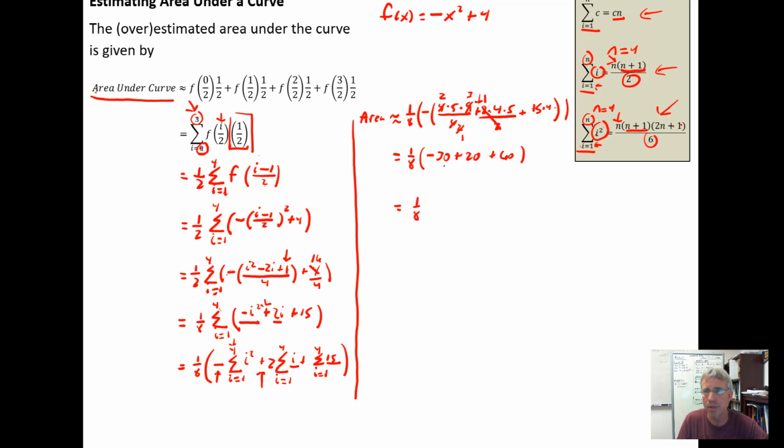We get negative 30 plus 20 is negative 10 plus 60, and that is going to be 50.